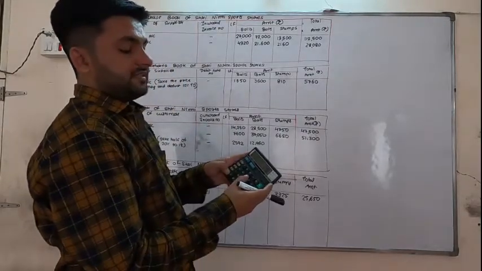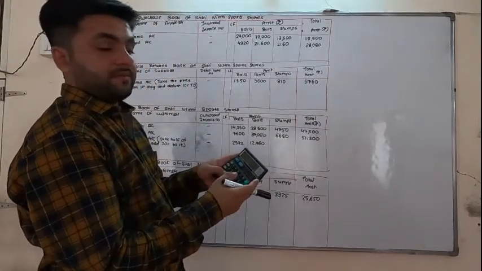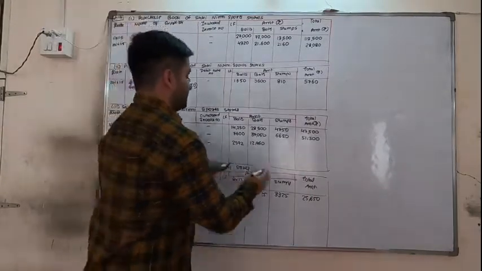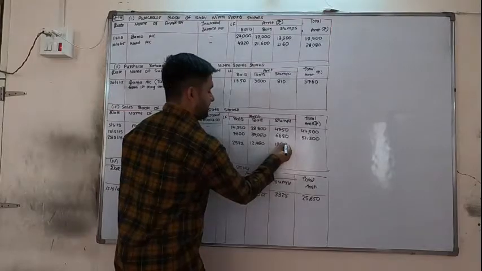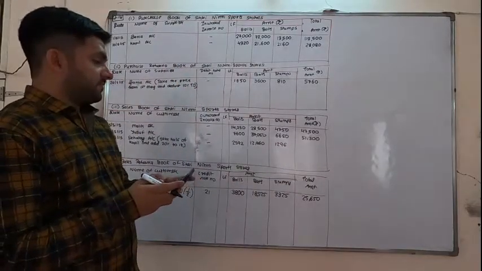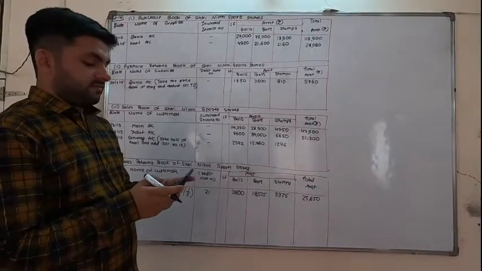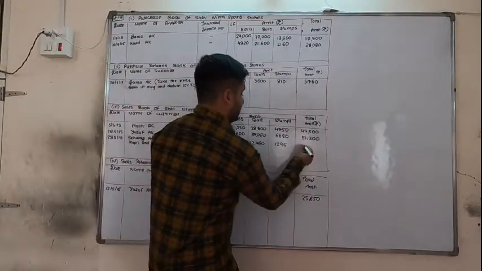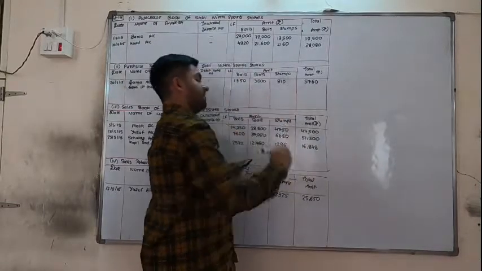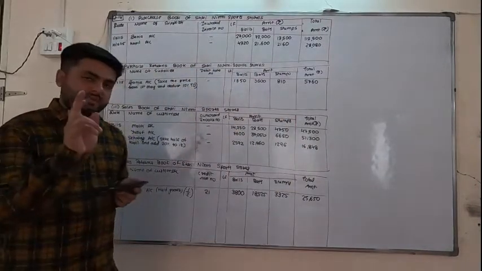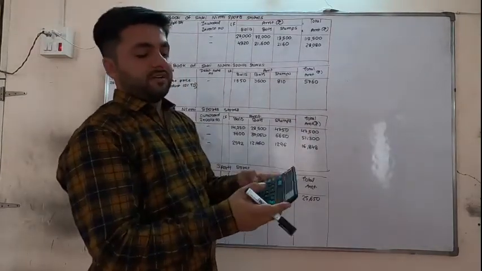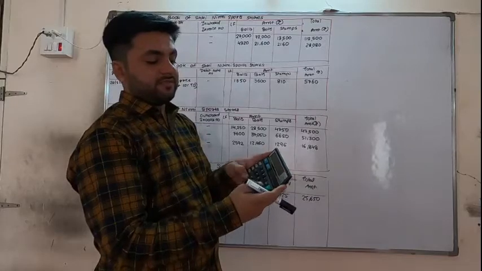Then 2160 divide by 2 plus 20 percent, 1296. Now 2592, 12960, 1296, total 16848. Once more we can check this amount: 28,080 divided by 2 plus 20 percent.